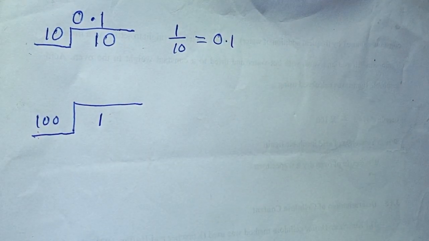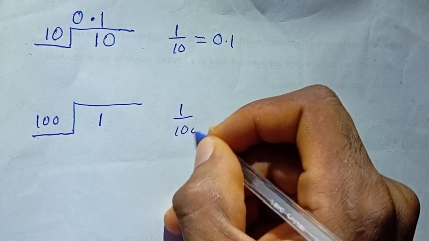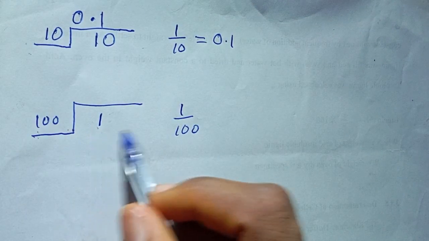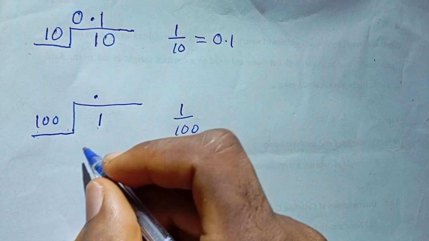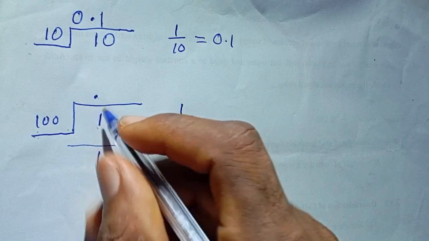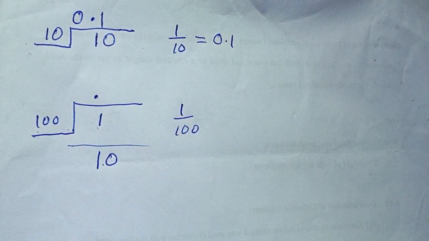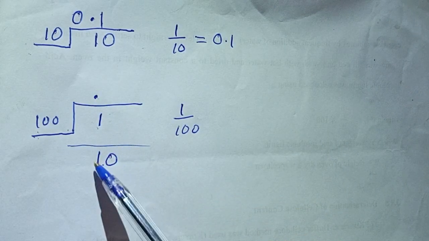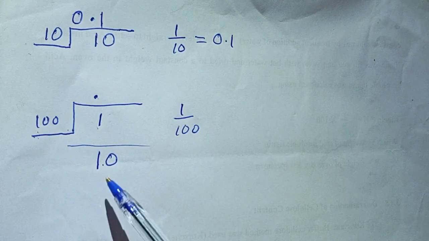Okay, what about 1 divided by 100? This is like this. 1 over 100. Firstly, 100 is bigger than 1. We do what? We fix a point. Then let's bring down 1. We bring down 1, we fix a point, we add 0 to it. 10 divided by 100. 100 is bigger than 10.